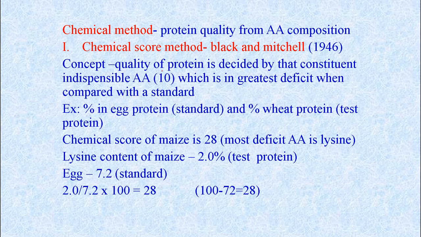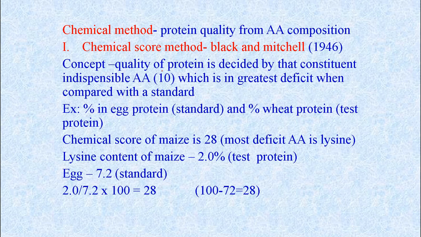The concept of this is that the quality of the protein is decided by the constant indispensable amino acid, out of 10, which is in greatest deficit when compared with a standard. Hence, the egg protein standard and the wheat protein standard are known as the test protein standards for animal feed origin and also vegetable feed origin.